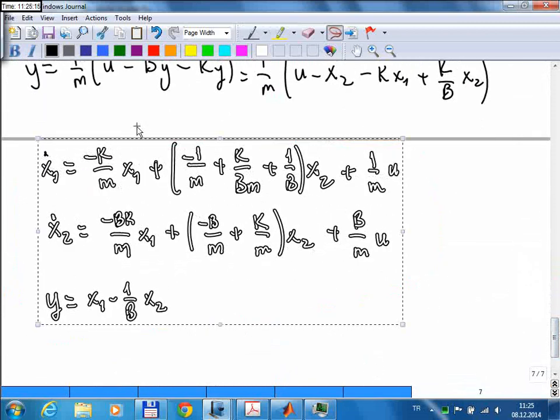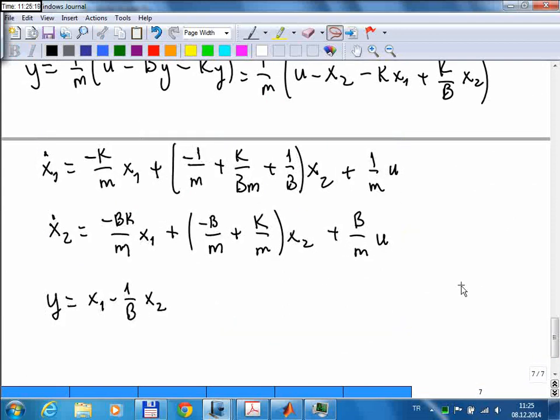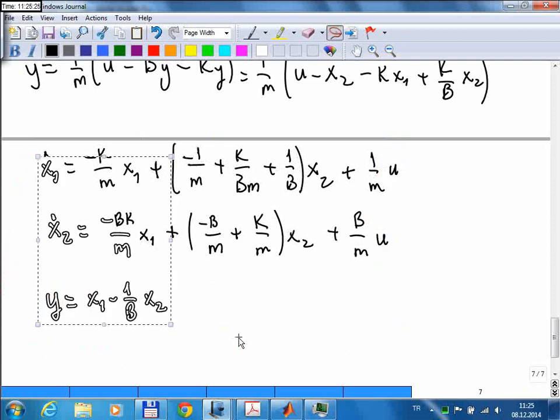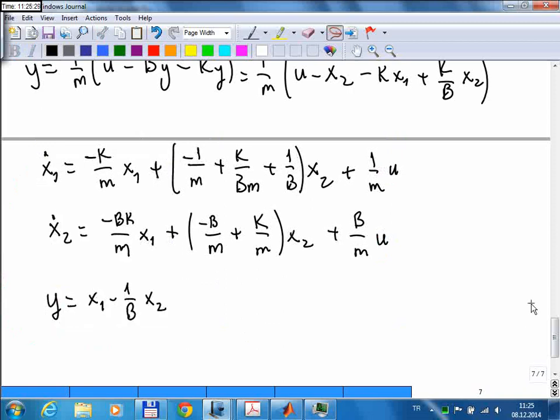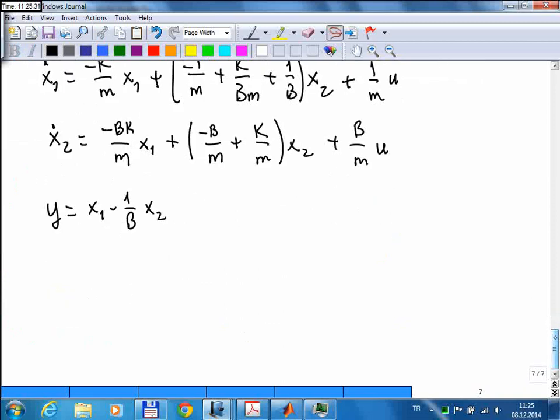So they're obviously not the same equations, they are different equations, but they represent the same system. If you apply an input here, and if you calculate y by solving for these equations, you obtain exactly the same thing. Okay? Do you have any questions?